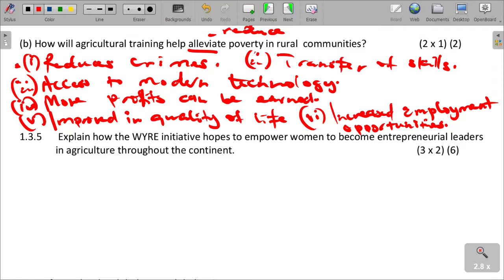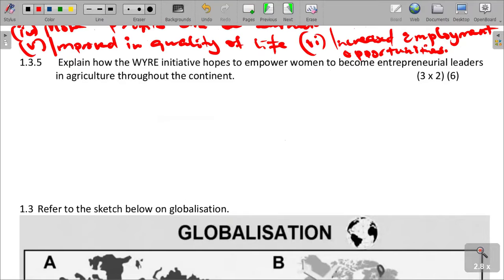And then, last but not least, I want to mention the increase in the availability of nutritious and healthy food. Increase in availability of nutritious and healthy food can also be a measure that can reduce poverty in rural communities.